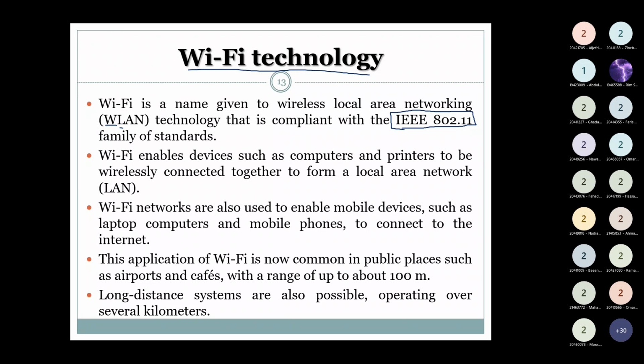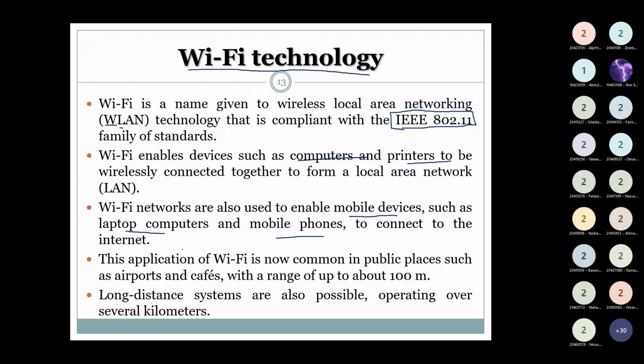This Wi-Fi enables devices such as computers and printers to be wirelessly connected together to form a local area network. Wi-Fi networks are also used to enable mobile devices such as laptop computers and mobile phones to connect to the internet.